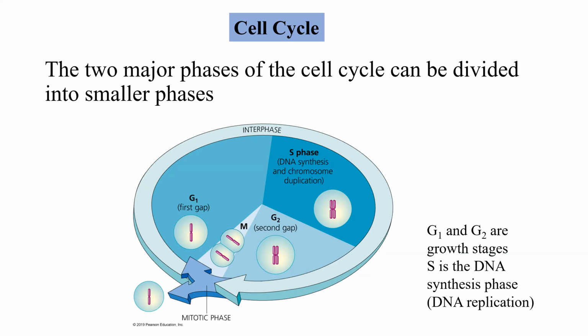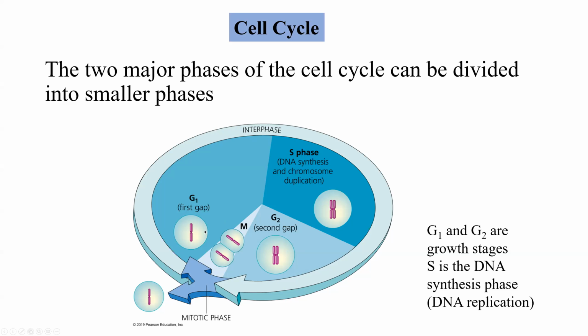And as you can see here, you start off with one parent cell. This is your DNA or genetic information shown here. Here you have one chromosome that contains your DNA.